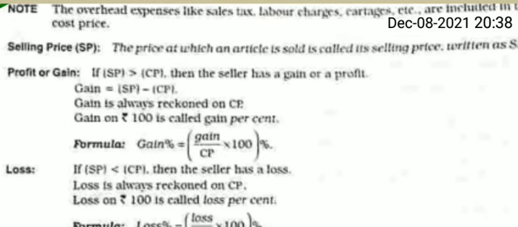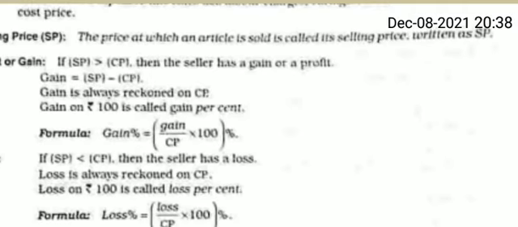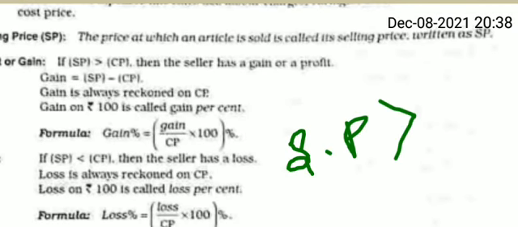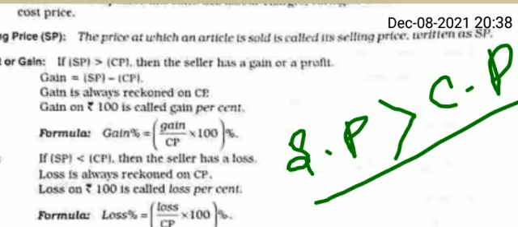Now how do you get profit or loss? Students, if selling price, that means SP, is greater than CP, at that time you will get profit. When selling price is greater than CP, that means cost price, at that time you will get profit.